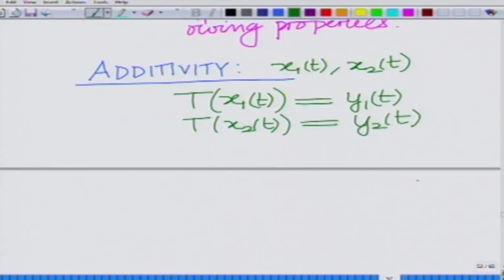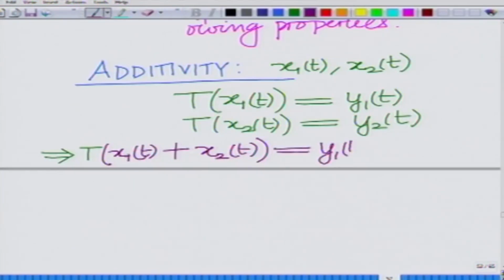The system satisfies additivity if T of x1(t) plus x2(t) equals y1(t) plus y2(t).